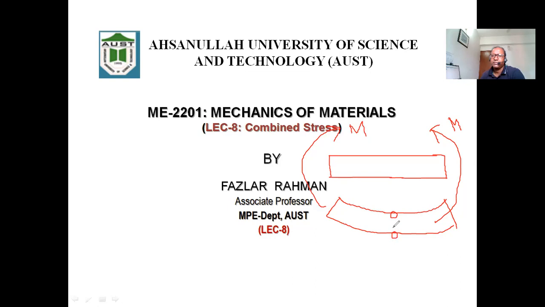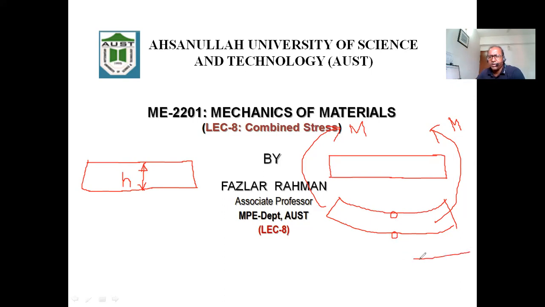This one you can explain in another way. How? Say this is my beam and the depth of the beam, this height, is h. So this M, I would like to replace with two forces. How can we?